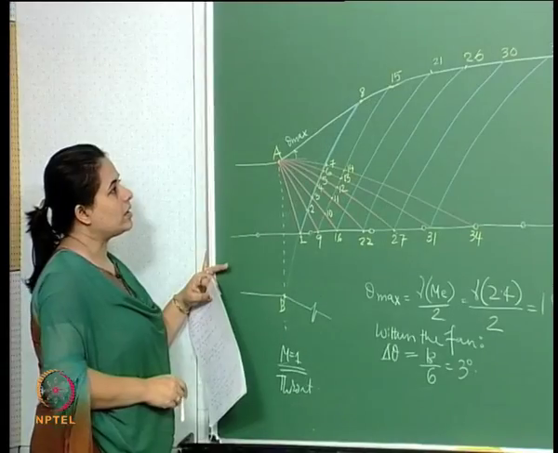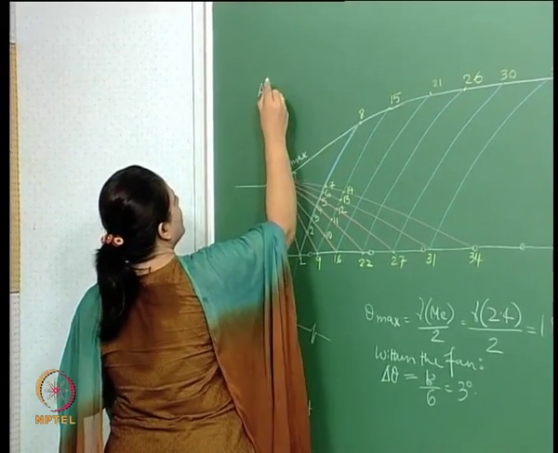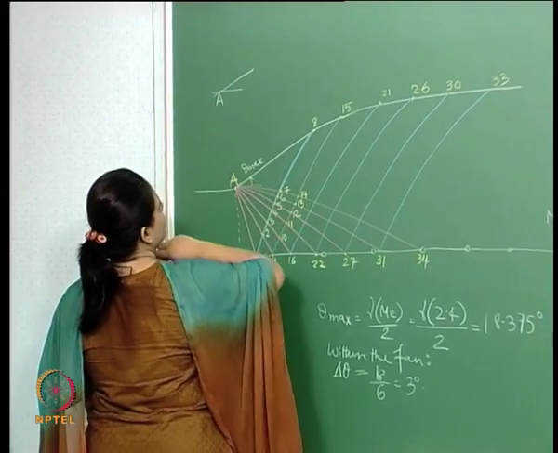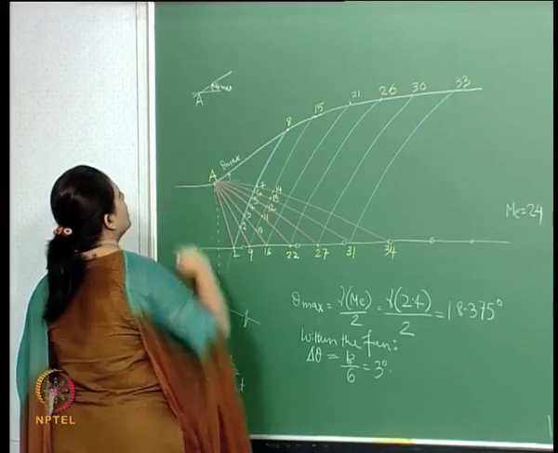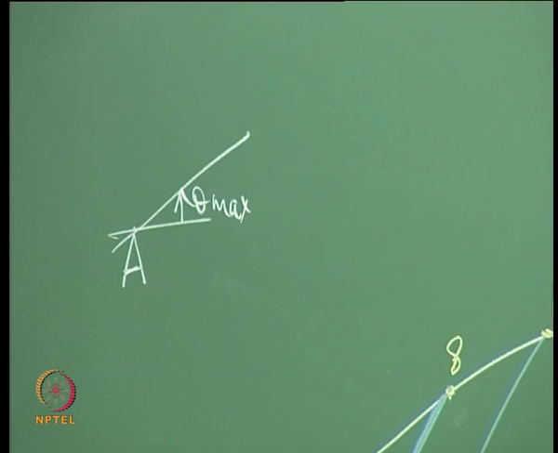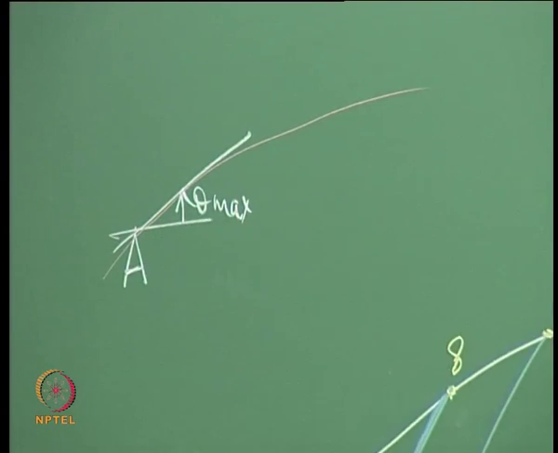Essentially, we have a point A over here, and if I draw a tangent to the curve at A, it makes theta max. I am going to draw a curve through this point A; that is my job here.